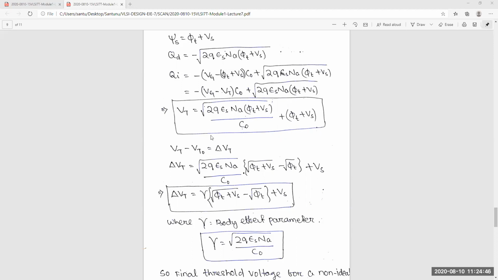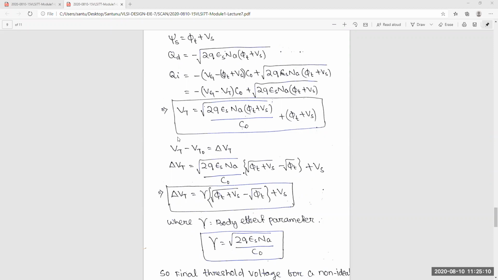So now what is the delta V? Delta Vt means how much it changes due to this Vs, the source to substrate bias. So you can calculate that from Vt minus Vt0. Vt0 is nothing but the threshold voltage when Vs is equal to 0.